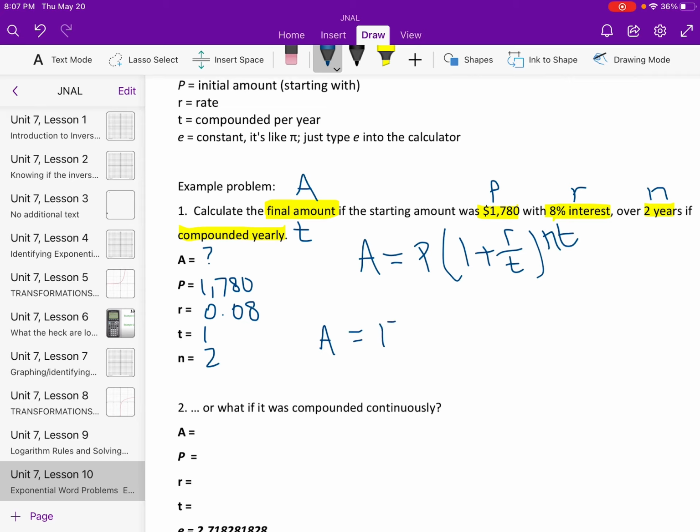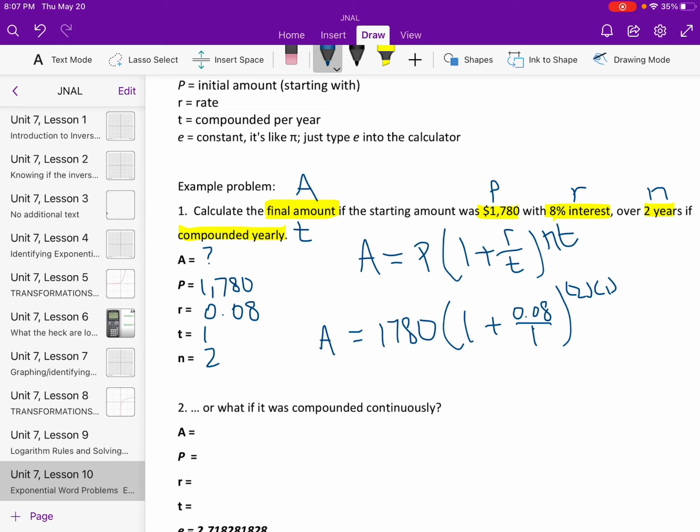P is 1780, times 1 plus R divided by T, to the NT power, which is 2 times 1. We could just simplify that, so it'll be easier to put in the calculator.